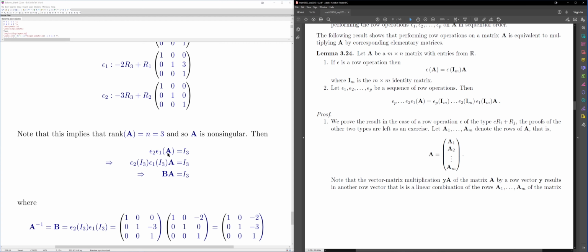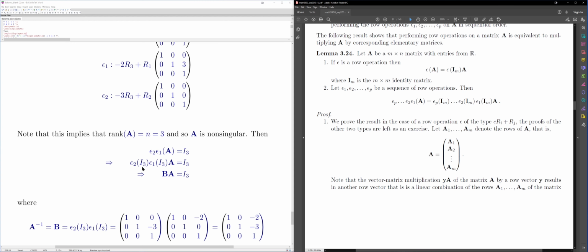So I can achieve the row operations epsilon 1 and epsilon 2 on A by multiplying by suitable elementary matrices. The first one would be epsilon 1 applied to I3, and the second would be epsilon 2 applied to I3.